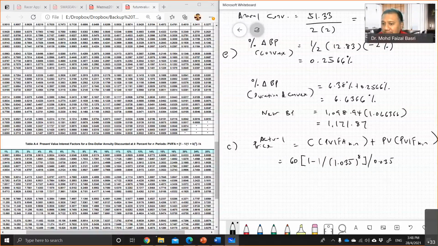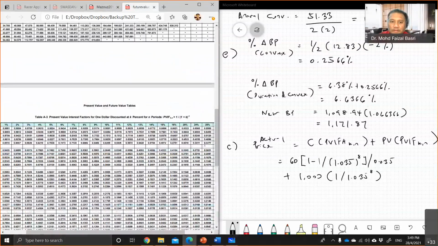This is based on C, and we have to add the par value of 1000. The formula of PVIF is 1 divided by 1 plus K, which is 1.035 to the power of 8.